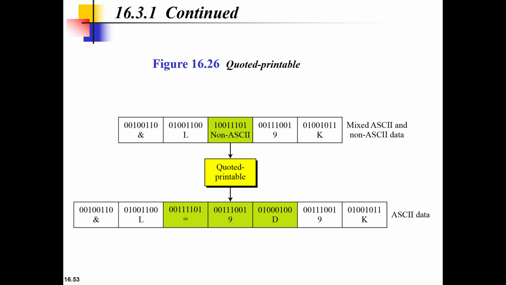If a character is ASCII, it is sent as it is. If a character is not ASCII, it is sent as 3 characters. The first character is the equal sign. The next 2 characters are the hexadecimal representations of the byte. Figure 16.26 shows an example.